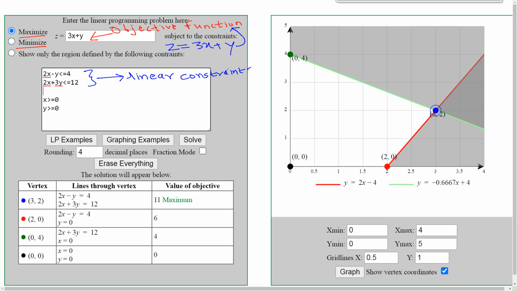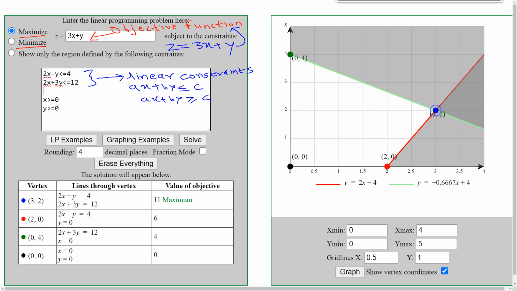And these inequalities can be of any type, meaning it can be ax plus by is less than or equal to c, or ax plus by greater than or equal to c. These are called linear constraints.